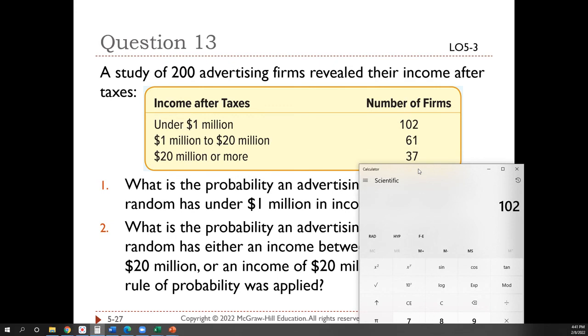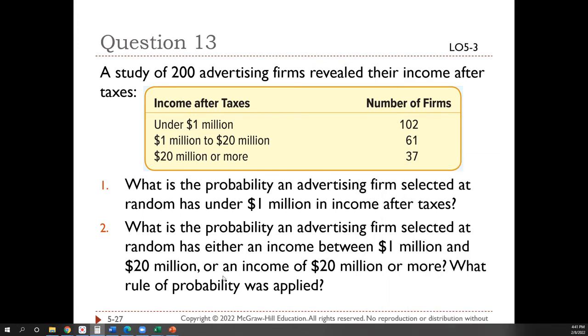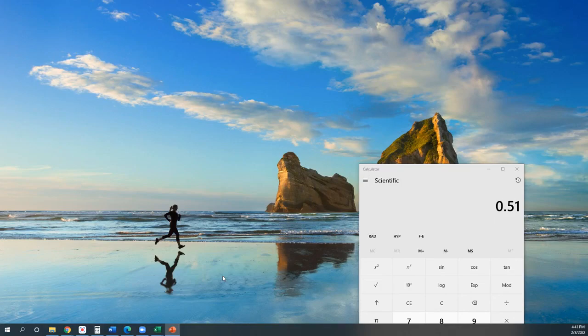Well, that's 102 divided by our total, which is 51%. Now, we can take two different rules of approach. Oh, let me get that back up.